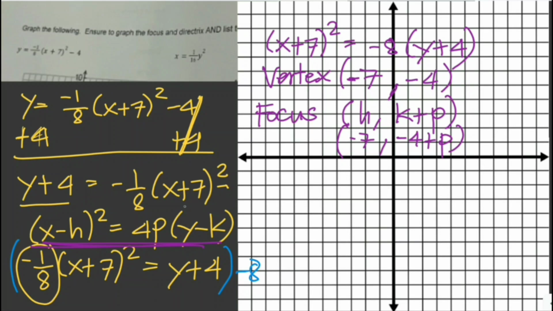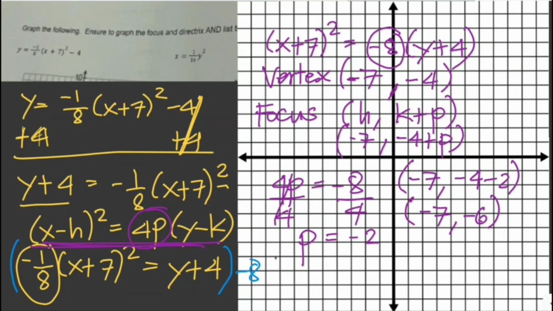Now to solve for p, we just have to equate 4p with negative 8. So 4p equals negative 8, and divide both sides by 4. Therefore, p is equal to negative 2. Therefore, our focus would be negative 7, negative 4 plus negative 2. So that is negative 4 minus 2.